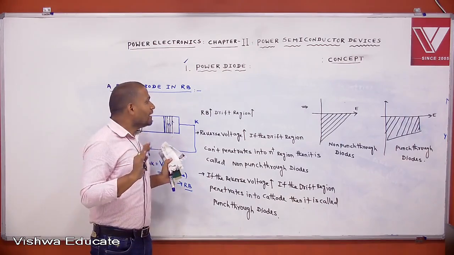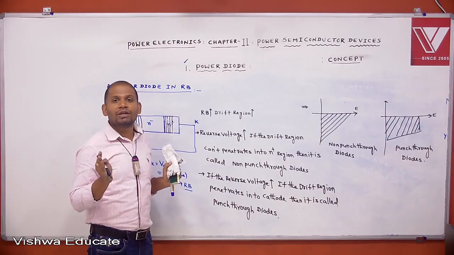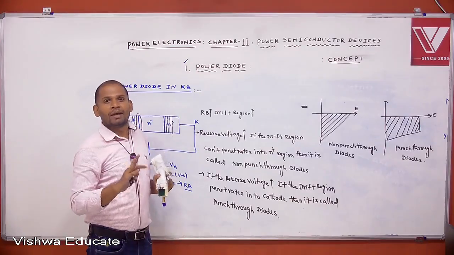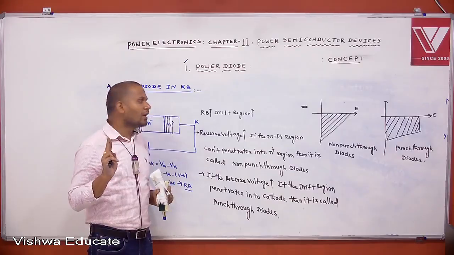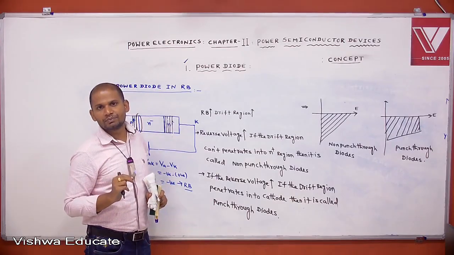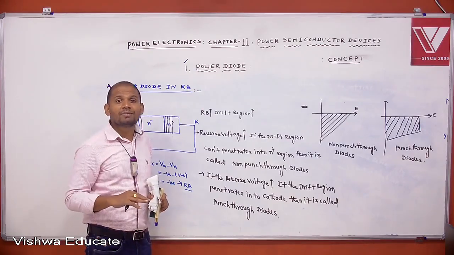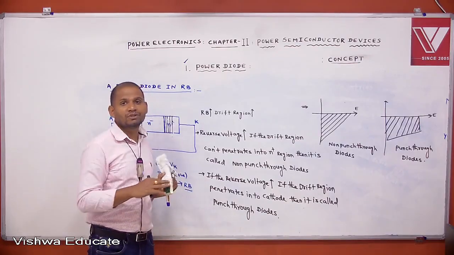Okay, that is about what happens if the reverse voltage is applied to the power diode. Here we are classifying into two diodes: non-punch through diodes and punch through diodes. Understood? Now I want to explain the concept. What is the difference between non-punch through diodes and punch through diodes?